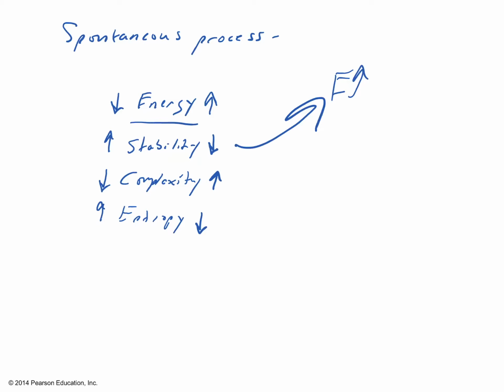So think of a high energy system like a cell or a protein or a DNA molecule as high energy, so it's complex, it's unstable, and it has low entropy. Nature will take that system, which starts off here, and convert it into this system on the left. So how do we fight against that?